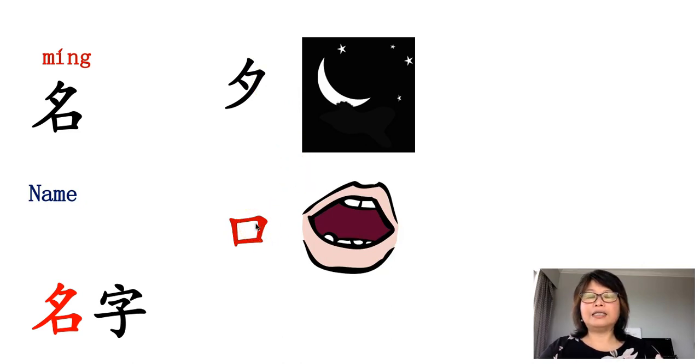At night, I can't see the person, so I need to use my mouth to call out the person. So that means that person's name. The example here is 名字, and I'm going to explain 字 to you very soon. So 名字 in Chinese just means name nowadays.